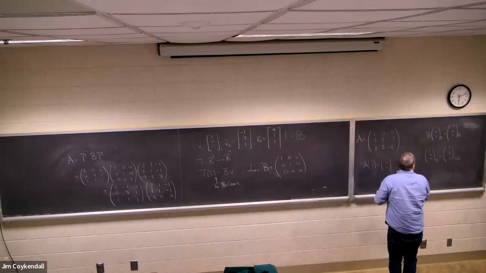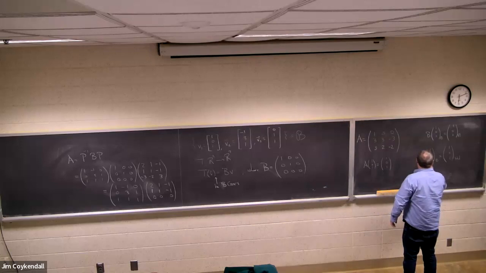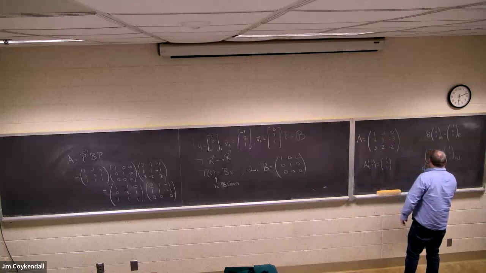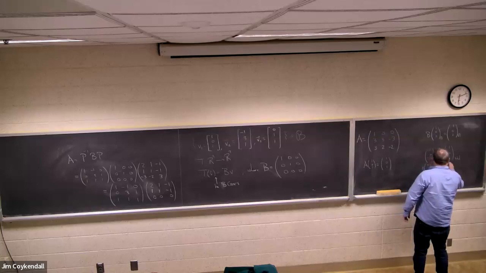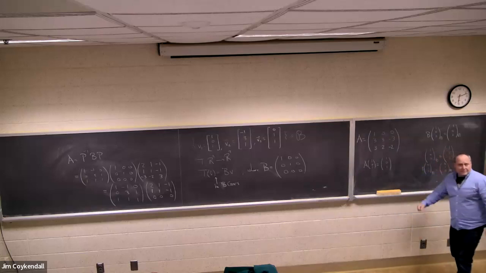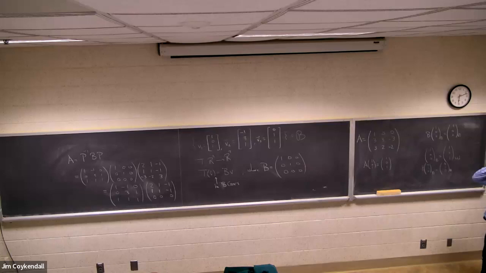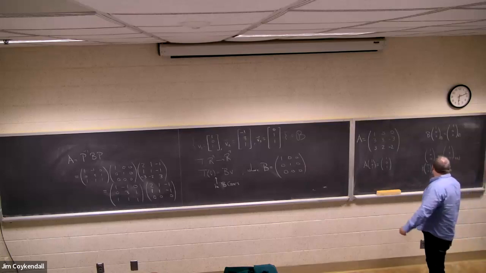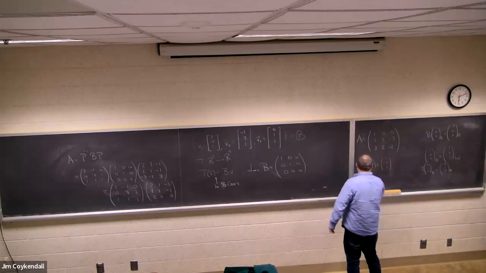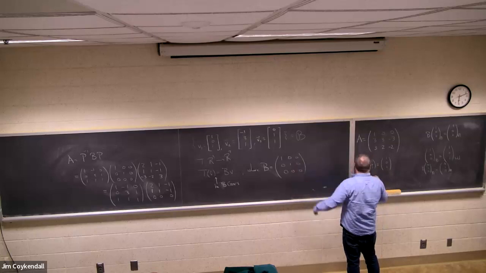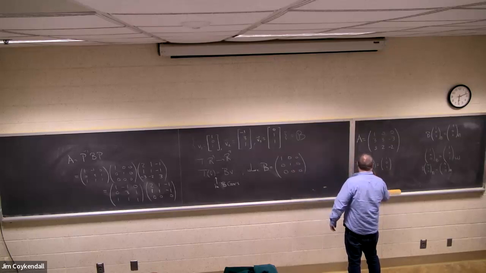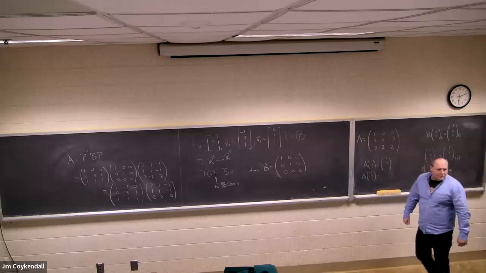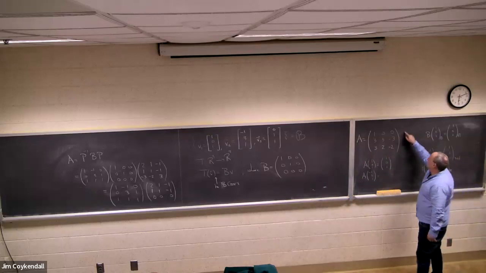Right? What does B do to 0, 1, 0 in B coordinates? It goes to 0, 1, 0 in B coordinates, right? Anybody agree with me? Well, what is this in B coordinates? It is -1, 3, 1.